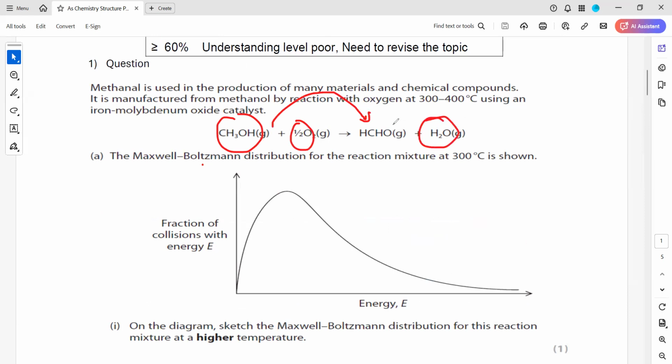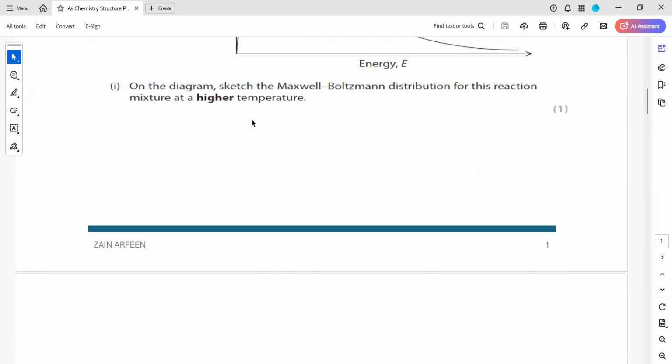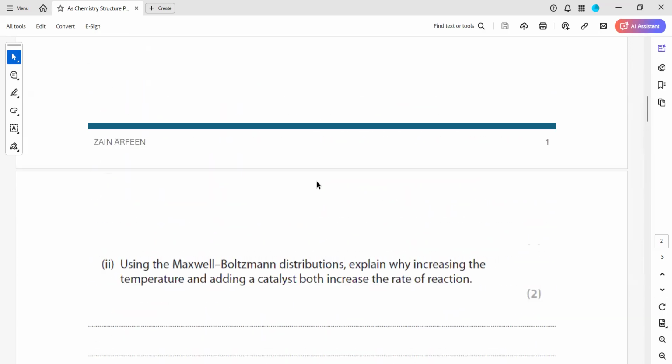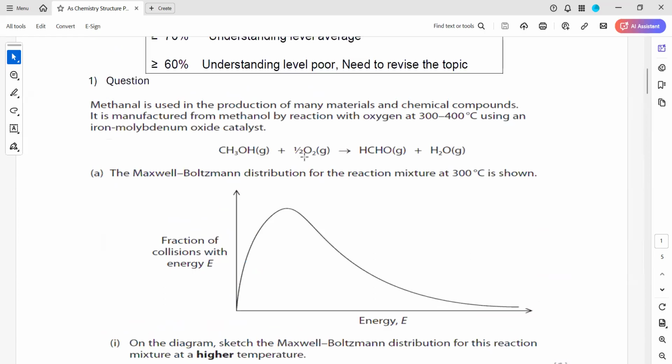So the two reactions are different, and you can compare them as well. Another advantage is that you just need the same reagent, methanol, here. But the other reaction also needs oxygen for the reaction to happen.